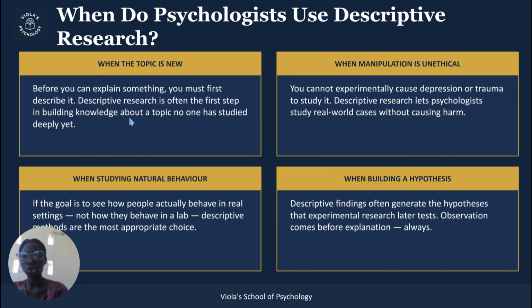This is when to use descriptive research. That's the best time. Okay, you cannot explain what you have not yet described. Okay, so descriptive research maps unknown territory before anyone tries to explain it.